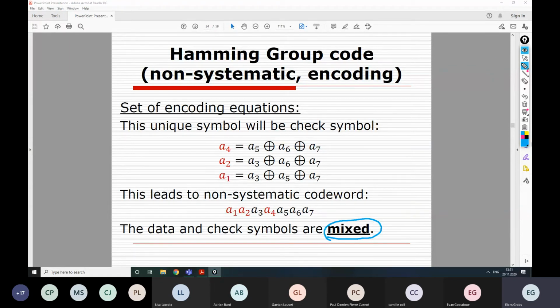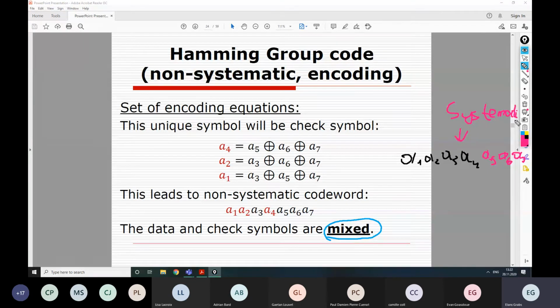They are not presented like, for example, information symbols like this and control symbols like this separately, yes. So this would have been systematic coding. But what we have obtained here is actually non-systematic.